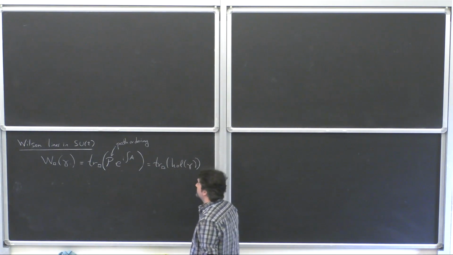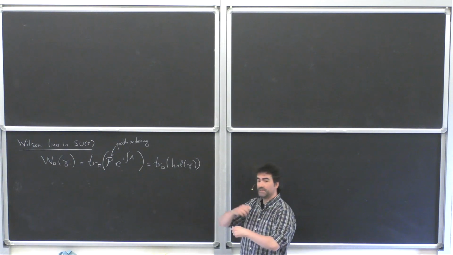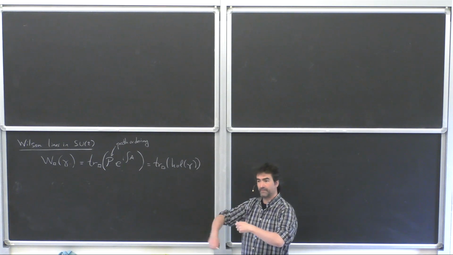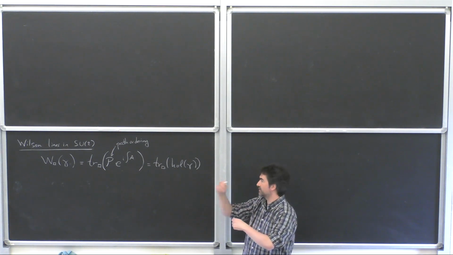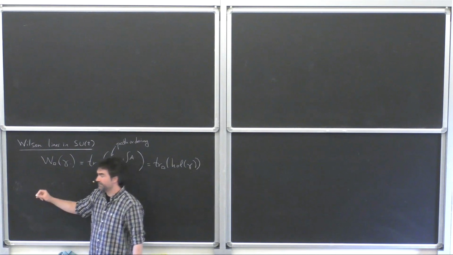And they exist in the SU2 theory. As in the Maxwell theory, we can view this as the insertion of a very massive particle that we are dragging around the theory and seeing how the theory responds. And this very massive particle is in the fundamental representation.